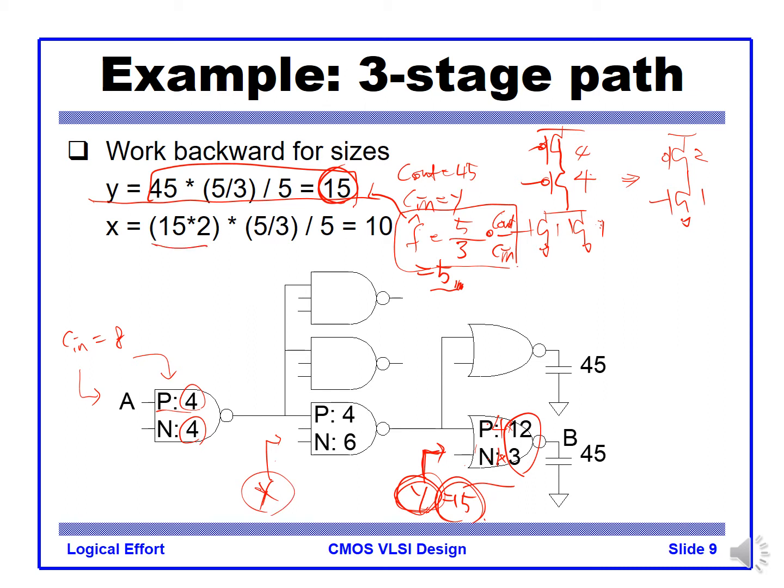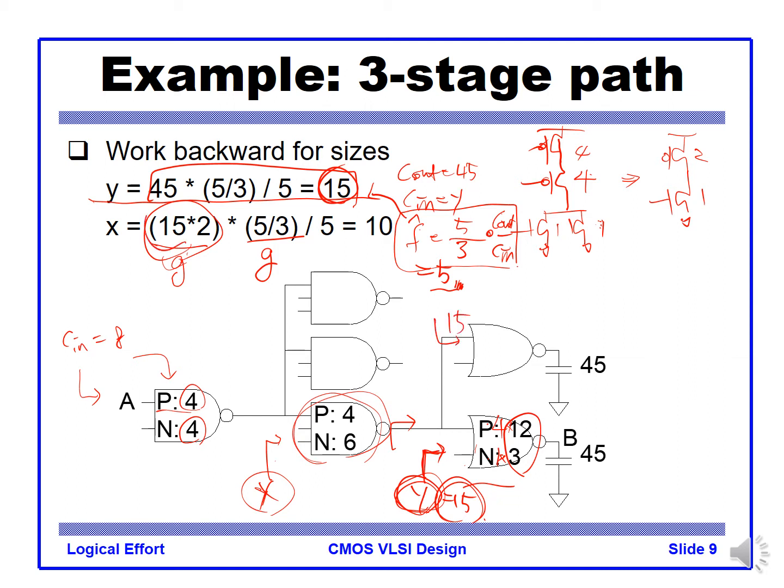So this is the logical effort of the 3-input NAND gate. So this is G. 5/3 is G, and this is the C out of the NAND gate. So the NAND gate has 2 branches. So the total load capacitance of the 3-input NAND is 15, another 15.